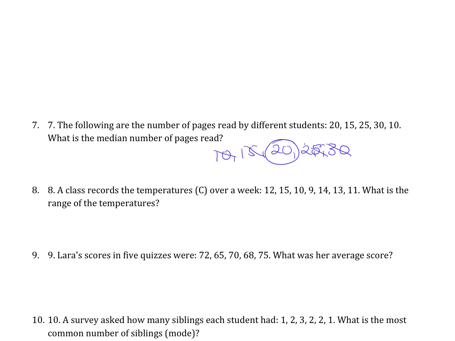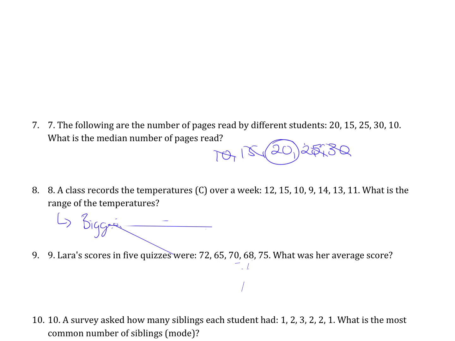Excellent. A class records the temperature in degrees Celsius over a week. 12, 15, 10, 9, 14, 13, 11. What is the range? What does the range stand for again? Can you remember? So your range is always your biggest minus your smallest.